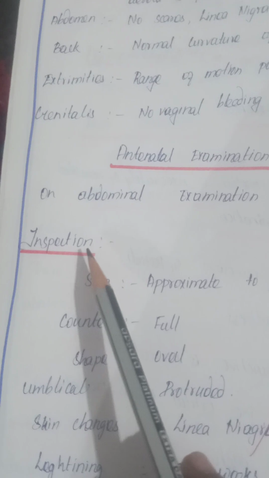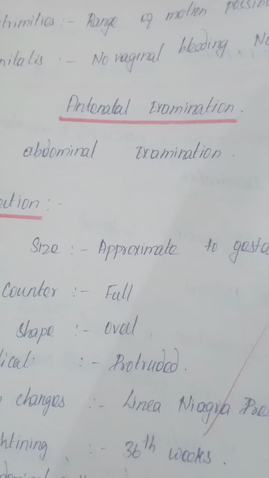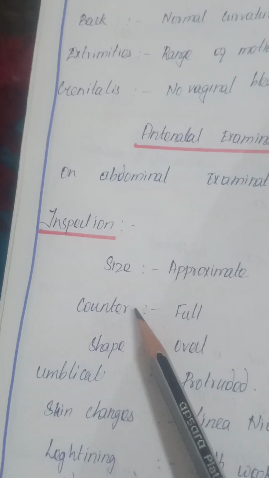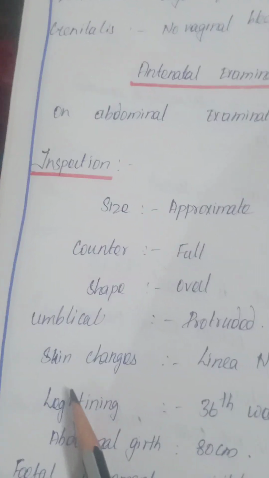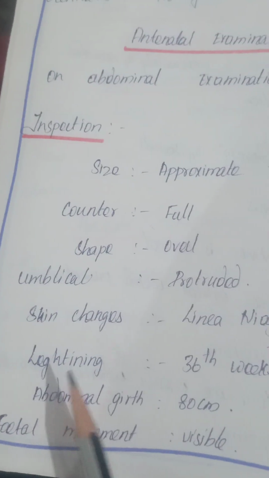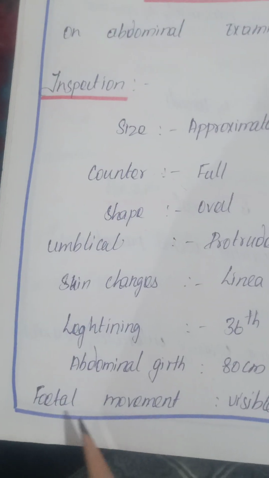Antenatal examination. On abdominal examination, inspection: size appropriate to gestational age, contour full, shape oval, umbilicus protruded, skin change, linea nigra present, striae gravidarum present, then lightening at 36 weeks, then abdominal girth 80 cm, fetal movement visible.